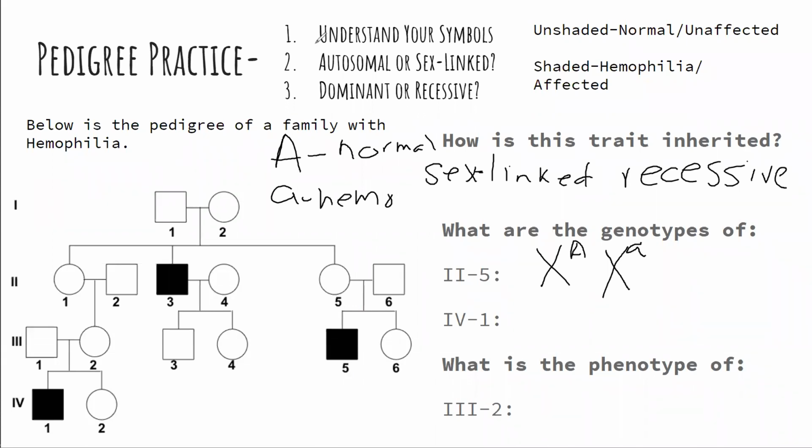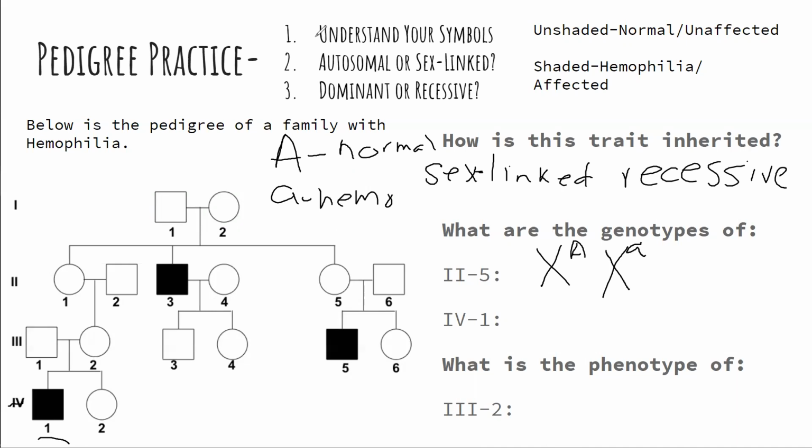Let's look at generation 4, individual 1. Since this is a sex-linked pedigree, we have to write out our sexes. It's a square. Is that a male or a female?